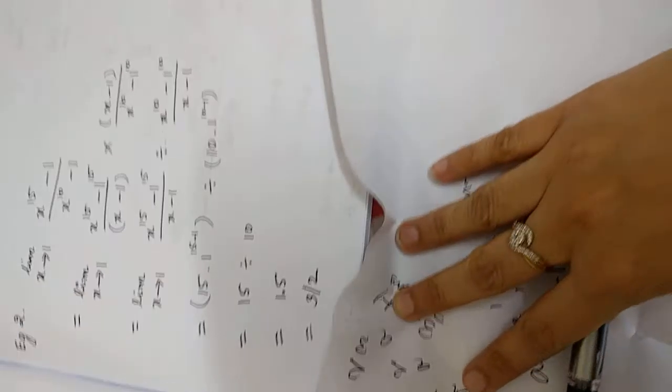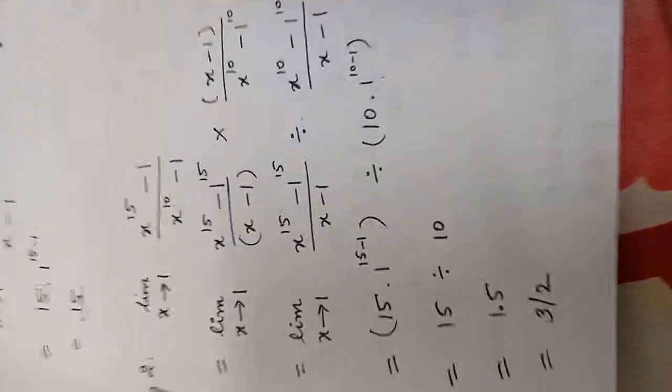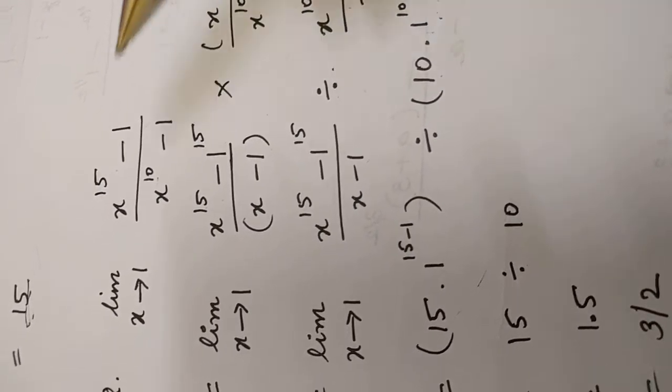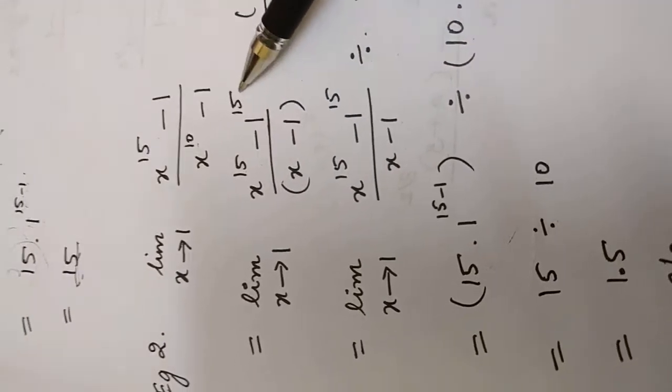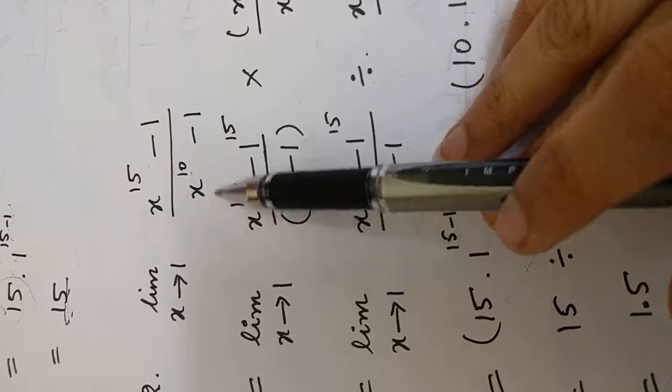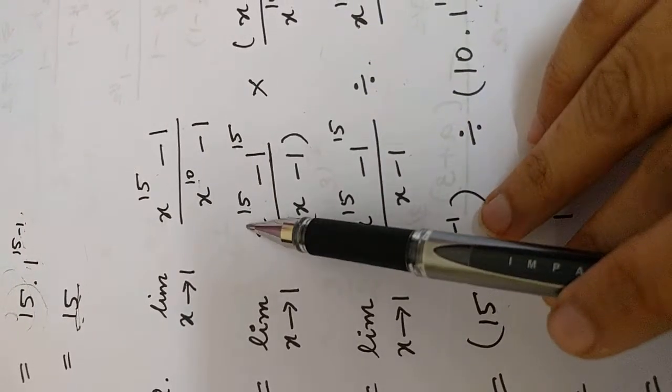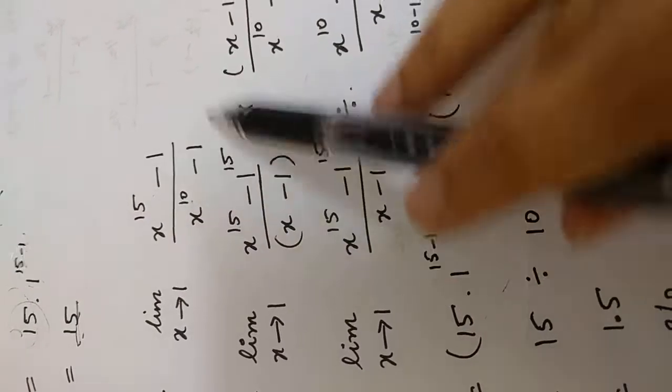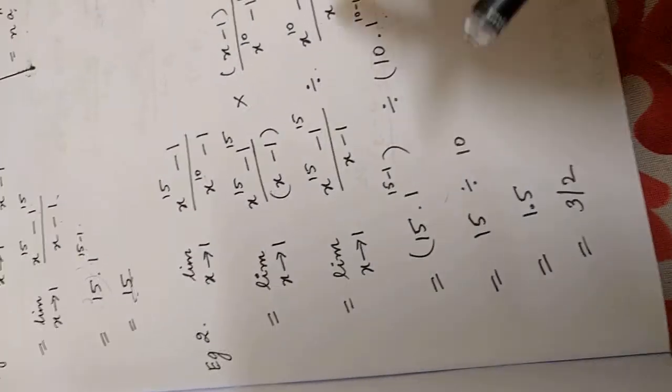So 1.5 or 3 by 2 is the answer. If you want to try it yourself, you can pause this video and complete this question by yourself. Okay. So this was the question. Right. Now let's try another example.